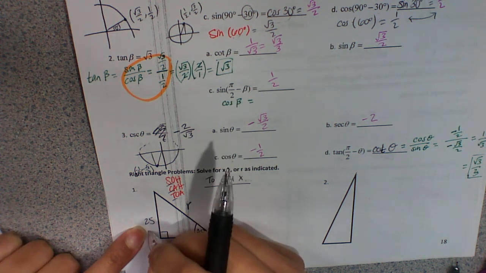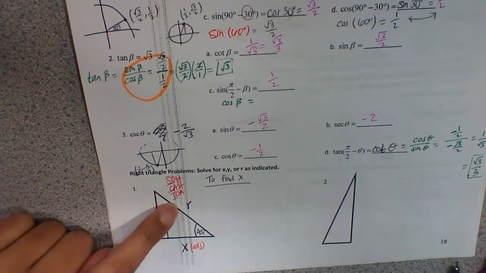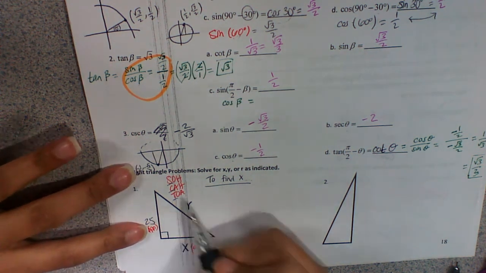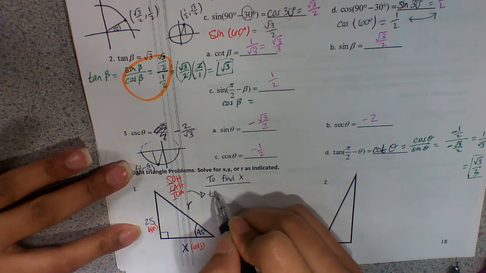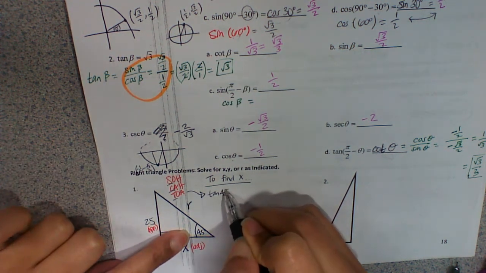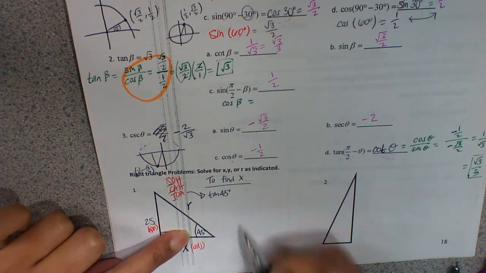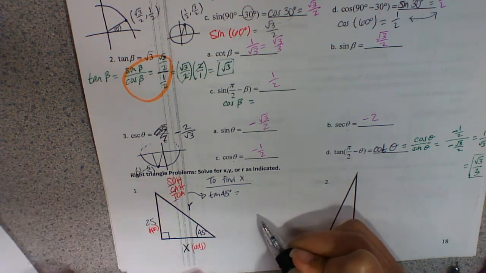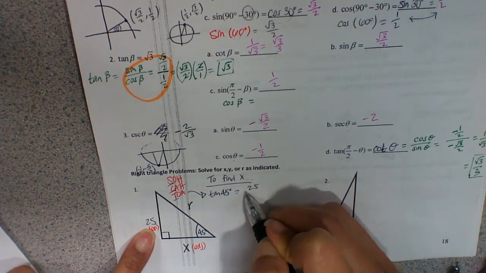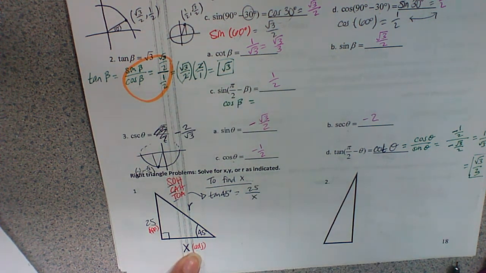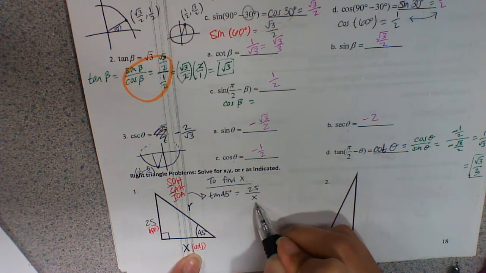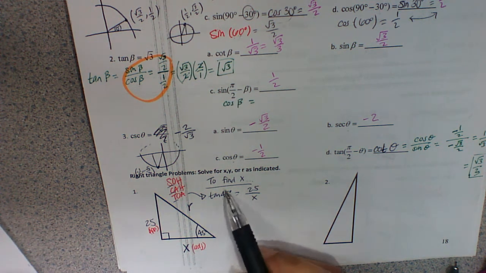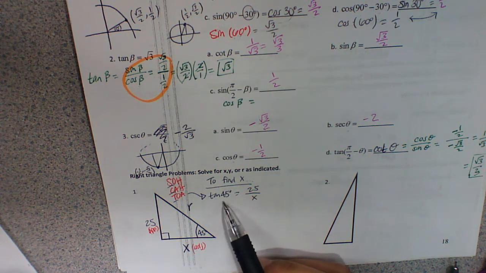I know the opposite side. So which of these three trig functions has adjacent and opposite both? Right, it's your tangent. So we're going to use tangent of 45 degrees, and tangent, according to SOHCAHTOA, is opposite over adjacent. Opposite is 25. Adjacent is x, which I don't know. So there's a setup to find x using a trig value. I know there's a simpler way, but I want you to use the trig function and the trig value itself.